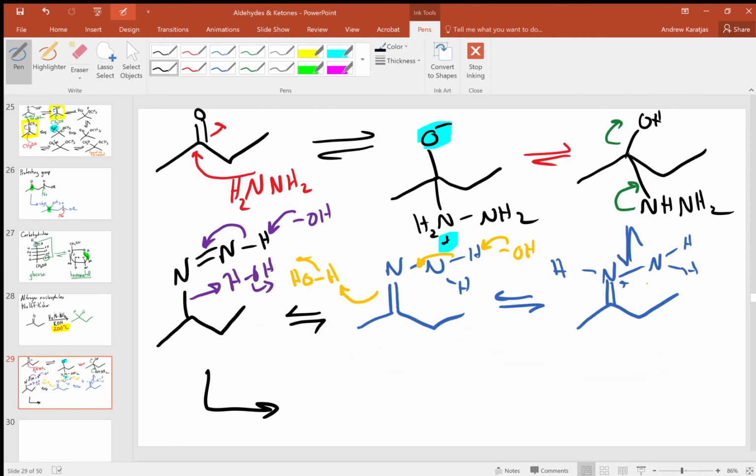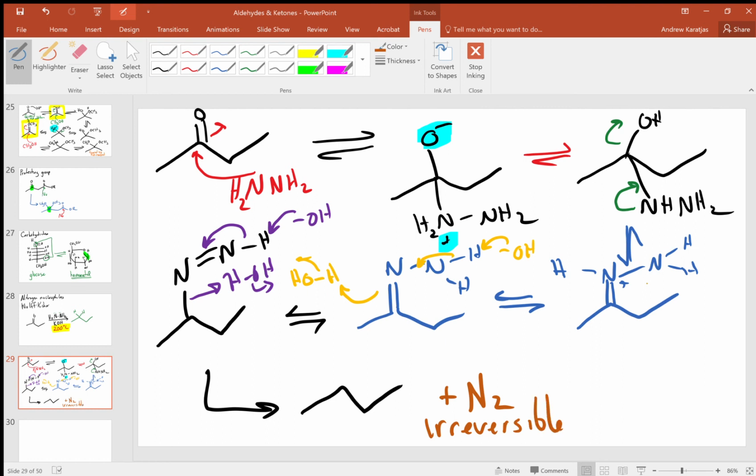You'll notice every other step I have here, I've shown as equilibrium, but not this last step. Why not for this last step? Well, this spits out our product, which is just an alkane. But what's the byproduct that we got here? Nitrogen gas. This step is irreversible.